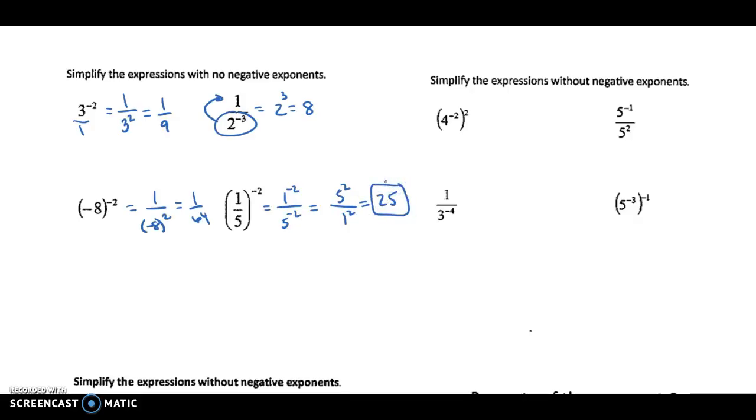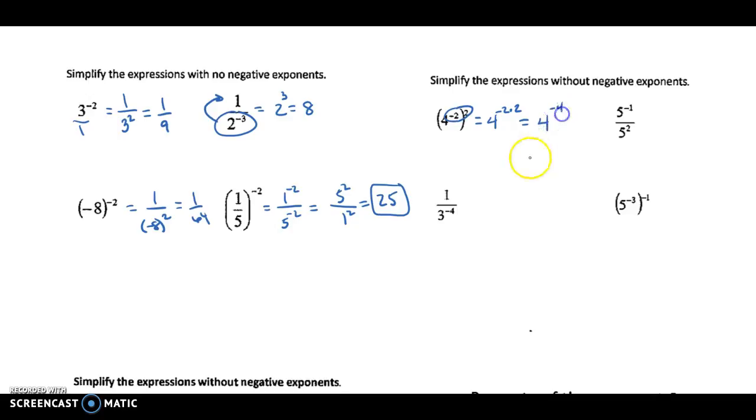Alright? So, when you look at this, you have to know that with a negative exponent, whatever happens, if it's in the numerator it comes down, and if it's in the denominator it comes up. When I simplify the next one, what do we do with the exponents when I raise a power to a power? I multiply.